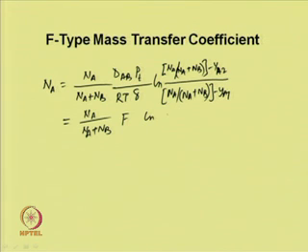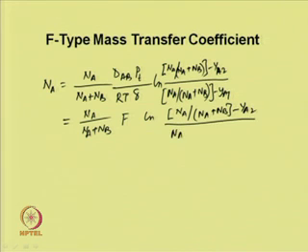ln of Na by Na plus Nb minus Ya2 divided by Na by Na plus Nb minus Ya1.